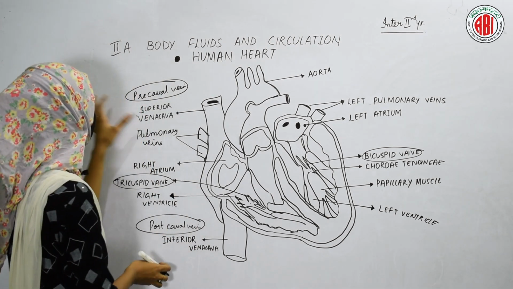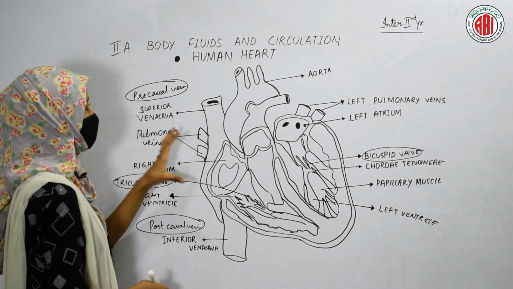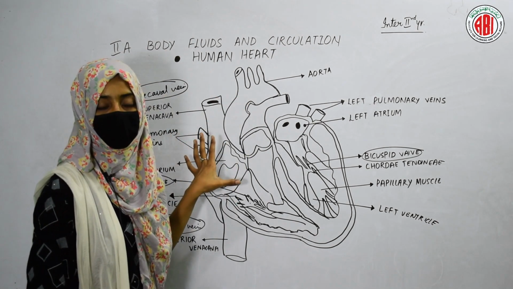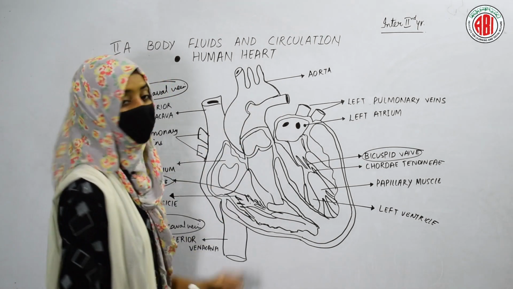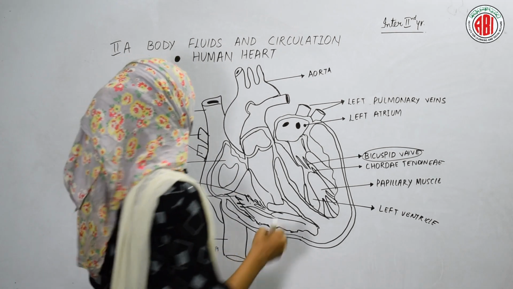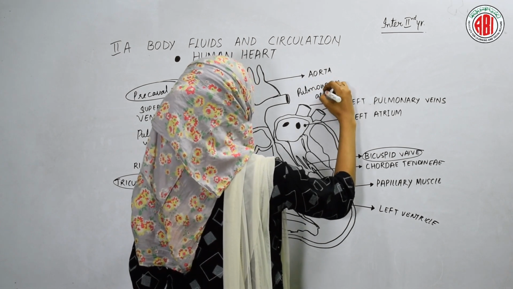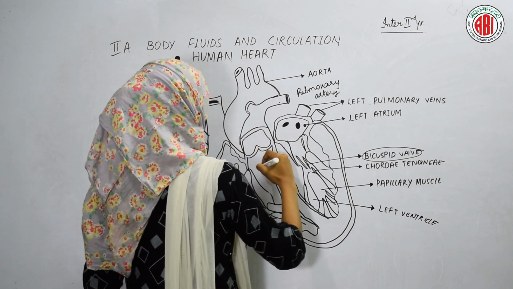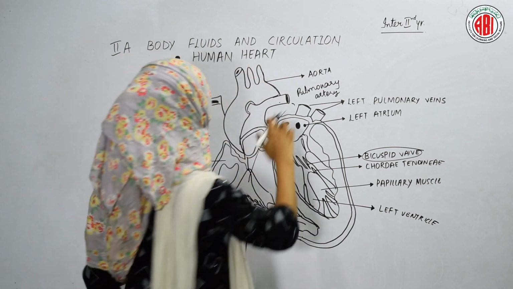Once the deoxygenated blood is collected by these two vena cavas, it is sent to the right atrium and right ventricle. From the right ventricle, this deoxygenated blood is collected by a specialized artery called the pulmonary artery. So here the pulmonary artery is present, and this artery is responsible for taking the deoxygenated blood from the right ventricle.